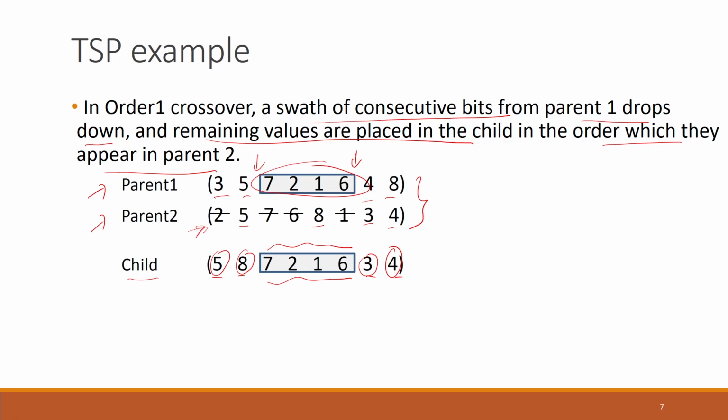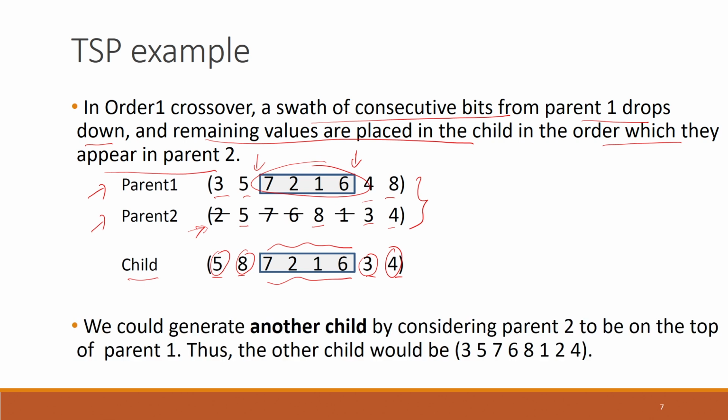In a similar way we can generate the second child string, or the second offspring string. Now we will consider parent 2 to be on top of parent 1, and then we will put the remaining bits in the same order in which they appear in parent 1. Let us see how it works.